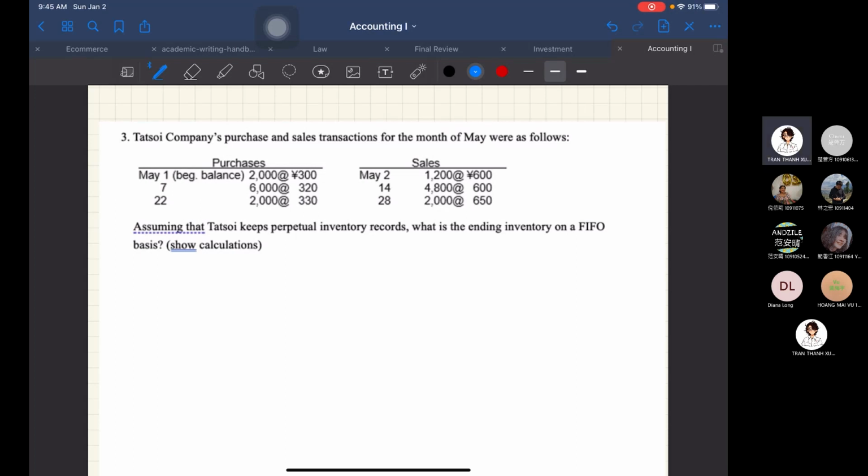So, in total they have 10,000 units, and then this 8,000.